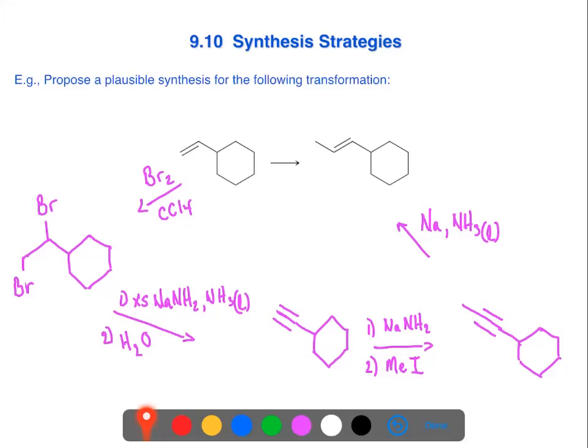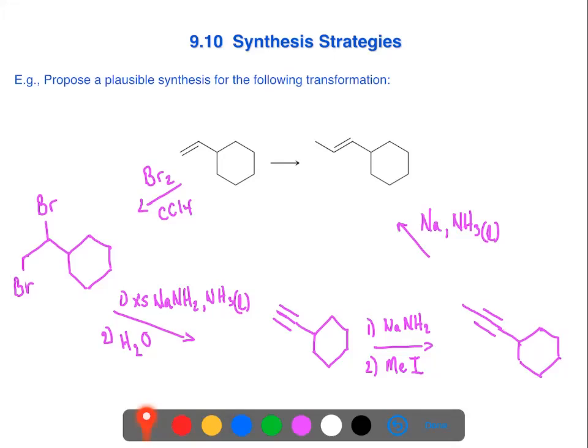But if you wanted to shorten this synthetic route to, in some sense, a three-step reaction, you could introduce methyl iodide earlier, and that would lead you directly to your new, larger alkynyl substituted cyclohexane. So yes, efficiency is important, but for our purposes, developing a synthetic route that is plausible is more important than the overall efficiency of your proposed route.